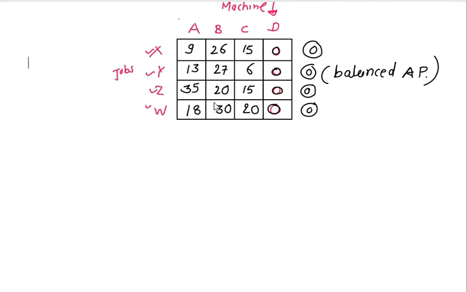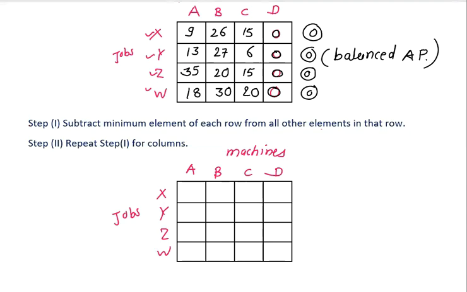So we will then apply step number 2. We have seen that subtracting the smallest element of each row from all the other elements in that row will not change the elements, because in every row the smallest element is 0.